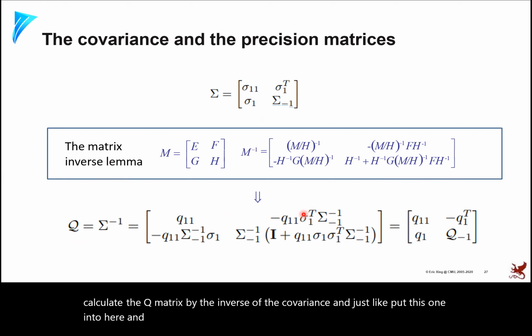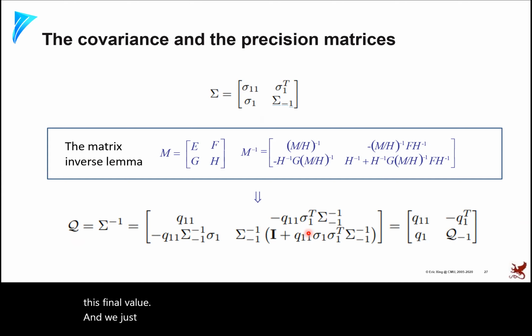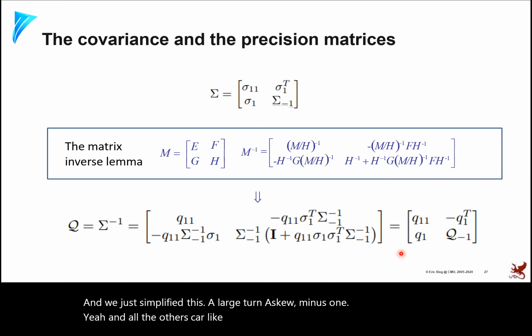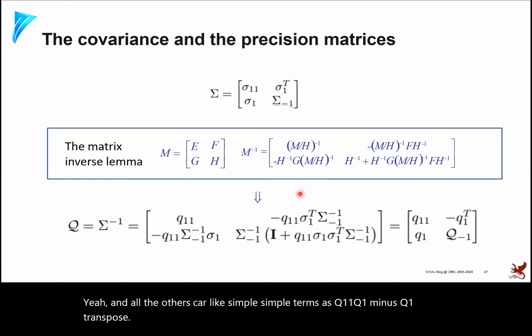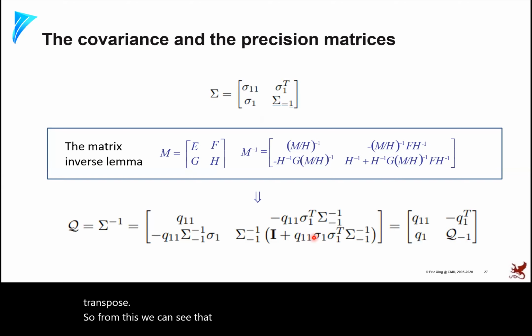We get this final value, and we simplify this large term as Q minus 1, and all the others are simple terms like Q1,1, Q1, and minus Q1 transpose. So from this we can see that the precision matrix is simply in this form for the multivariate Gaussian model.